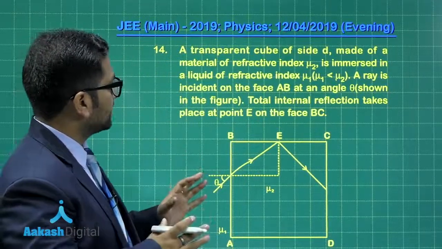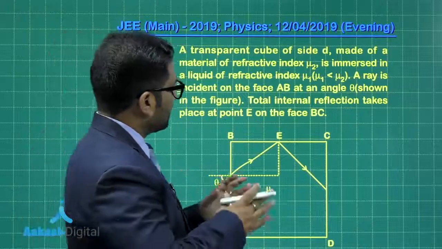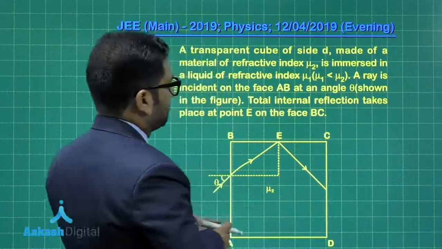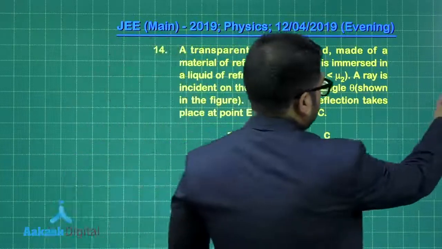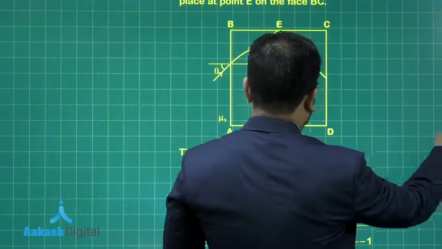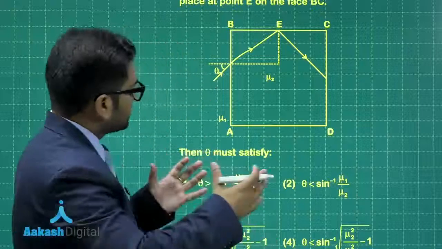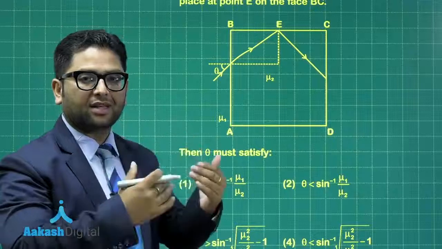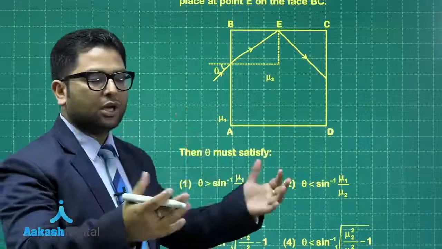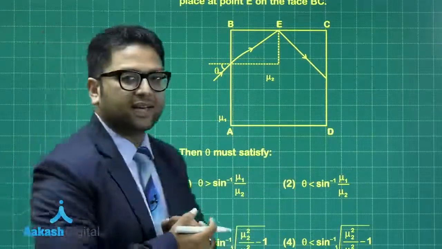The question says that we need to find the relationship between theta, mu1 and mu2 if a TIR is happening. The options are a relationship among theta, mu1, mu2 when a TIR is happening here.